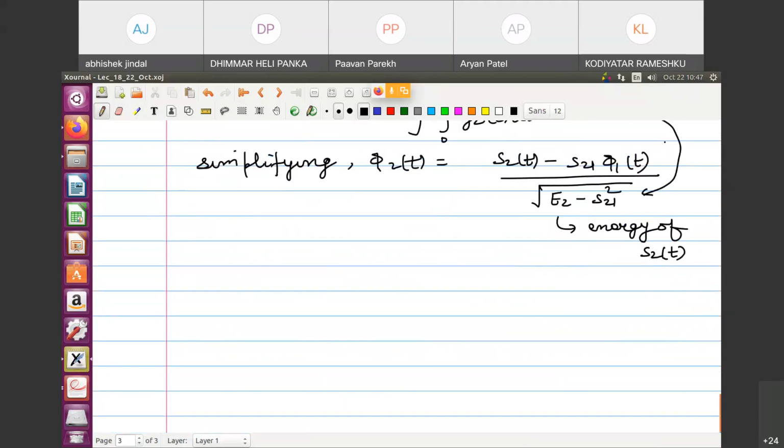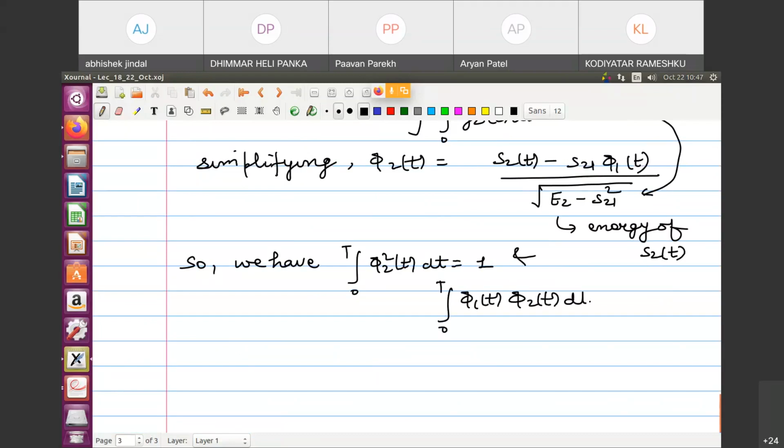So what have we really achieved? Let's see. Now we have integral 0 to T of phi 2 square dt is equal to 1, and it means they form an orthonormal pair.